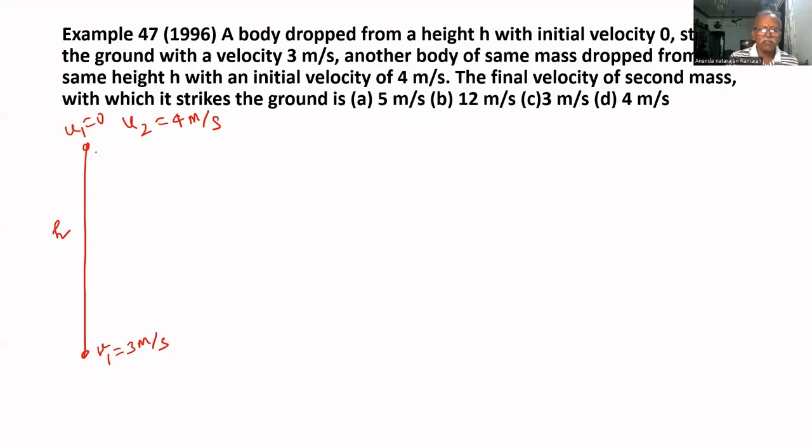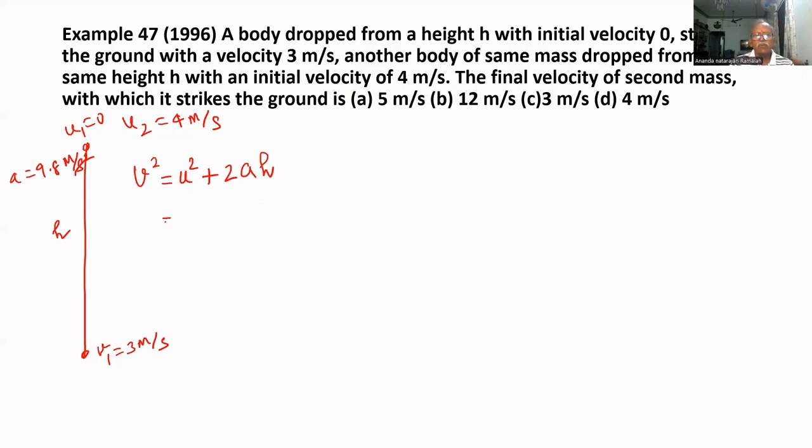So first mass we will use to find the H. Here, acceleration is not given. That's why we have to take A equal to 9.8 meter per second square. So we have to find the height first. V square equal to U square plus 2AH. Falling, that's why A is positive, that's why plus.